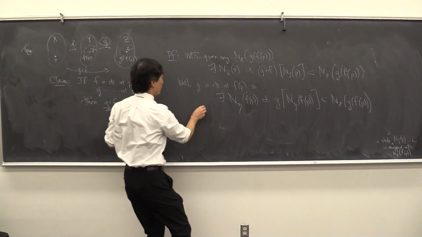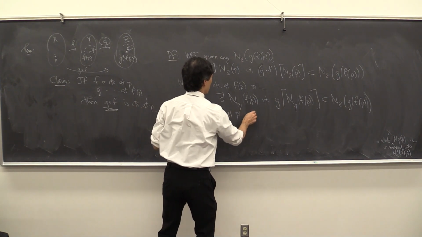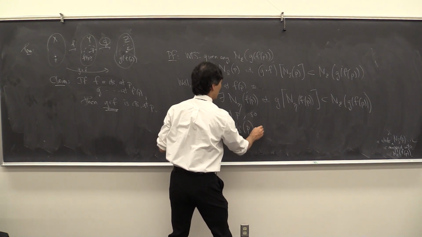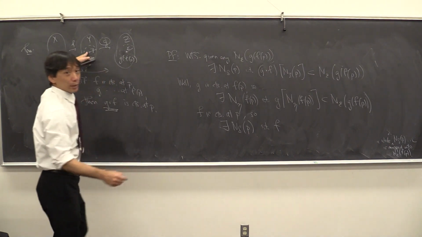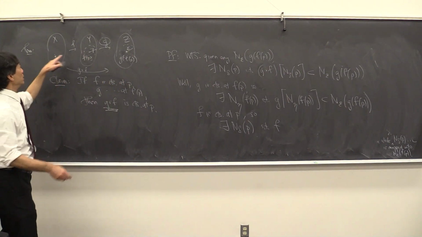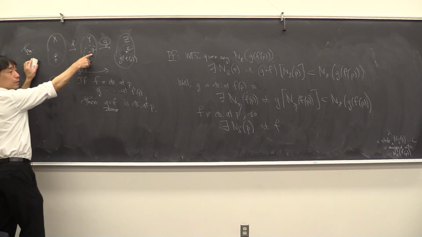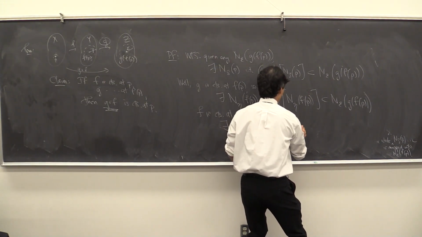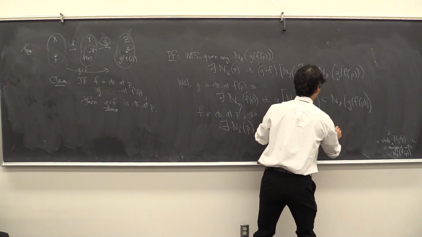And f is continuous at p, so there exists a delta neighborhood around p that f maps into the eta neighborhood. So f maps the delta neighborhood into the eta neighborhood.